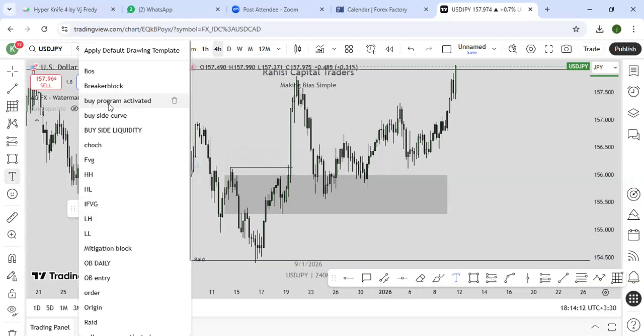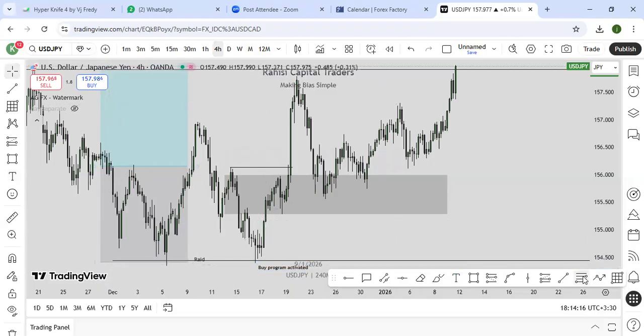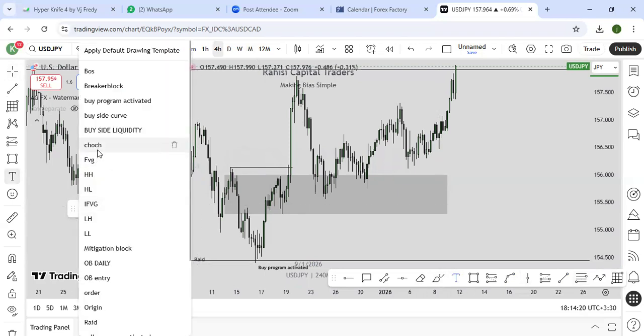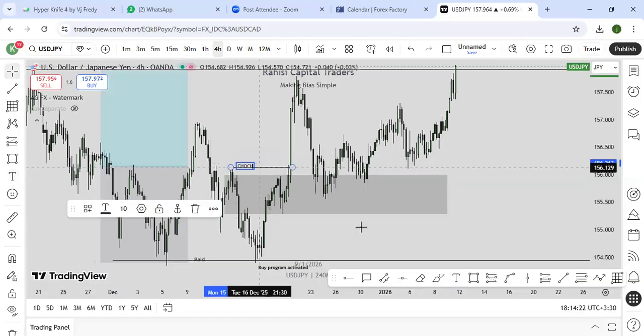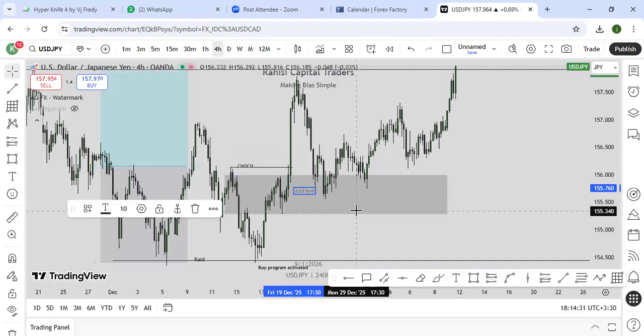This is buy program activation. Next, where was the CHoCH? This is change in character. Then our entry was this breaker block or mitigation block of fair value gap here. So there was entry from there.